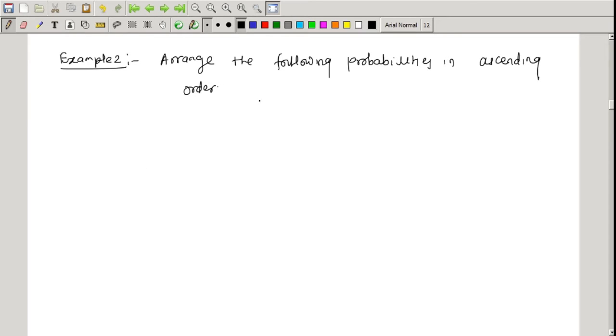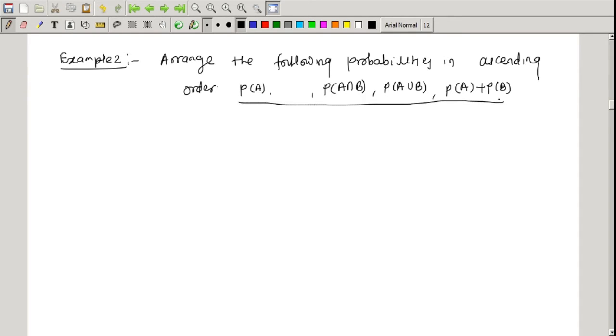So here the probabilities are given: P of A, then P of A intersection B, and P of A union B, and P of A plus P of B. Only P of A is given, not P of B.